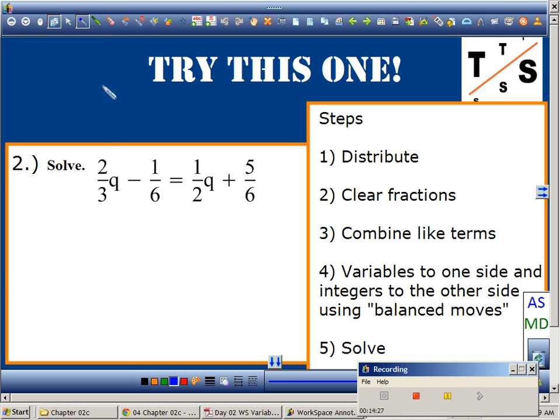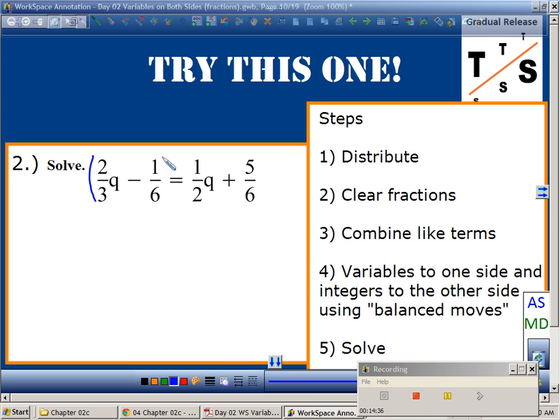All right, let's go with Celeste first. Celeste, what can I multiply everybody by to clear these fractions? Good. She says 6. You guys agree? So when I multiply everything by 6, let's distribute now. 6 times 2/3.